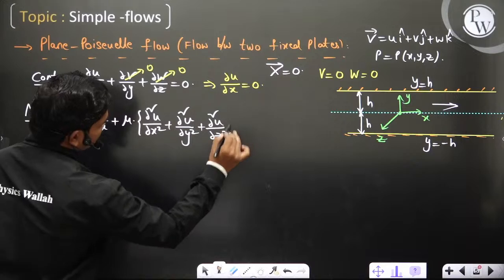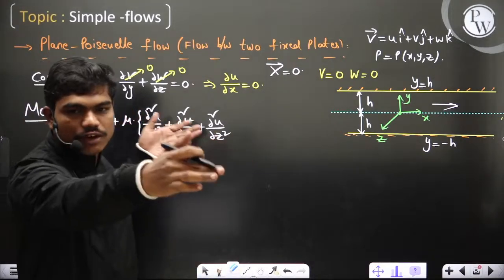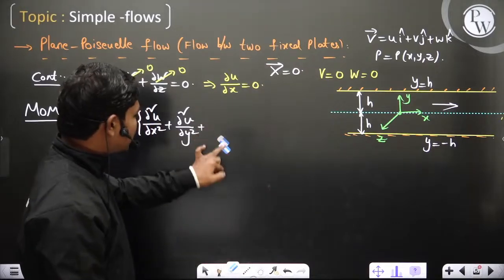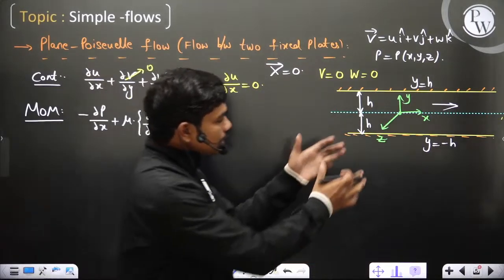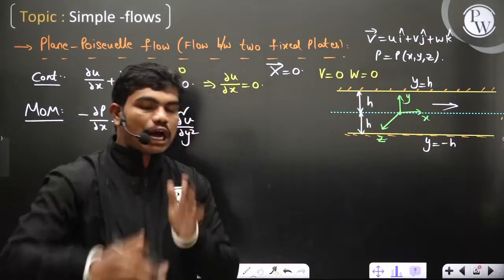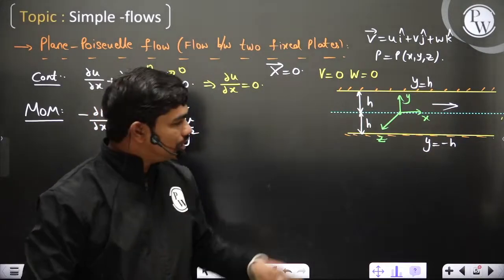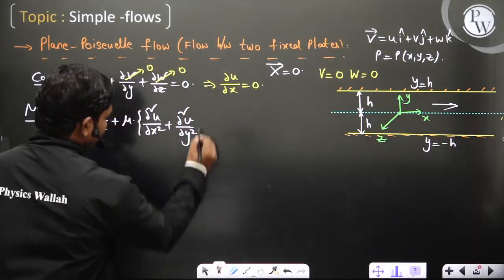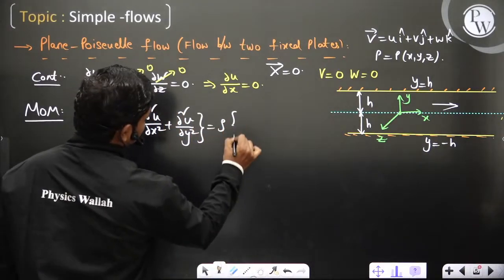And let us see one thing, the channel is sufficiently wide such that there is no variation along the z coordinate, so I am not writing z intentionally, because the out of the board length is very large, such that there is no variation in the z direction. Now this is equal to rho into acceleration.